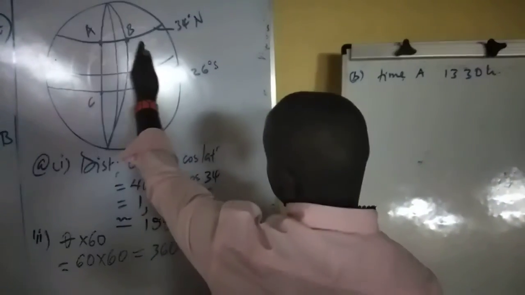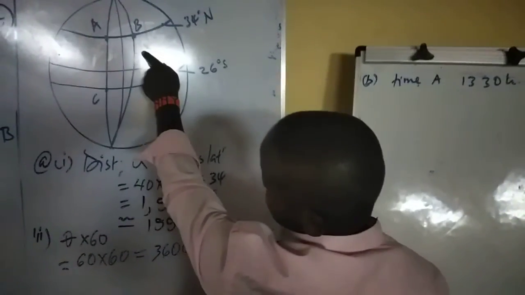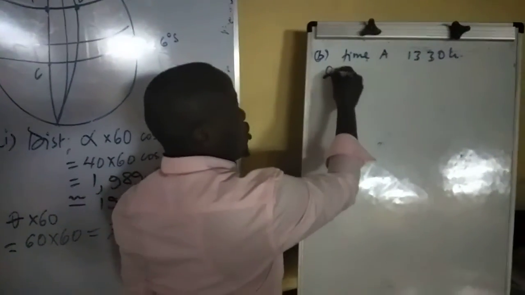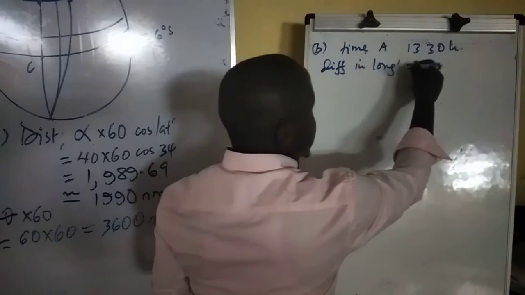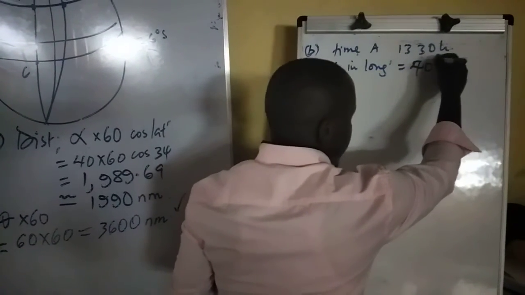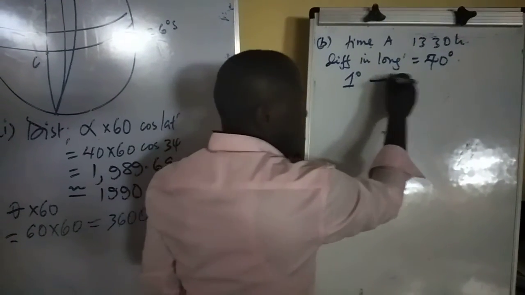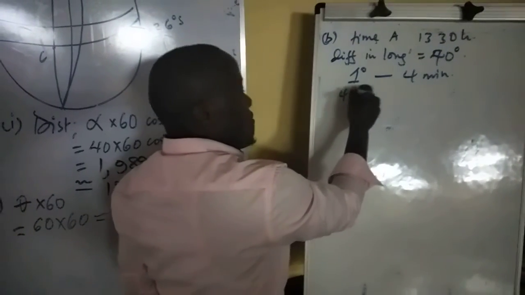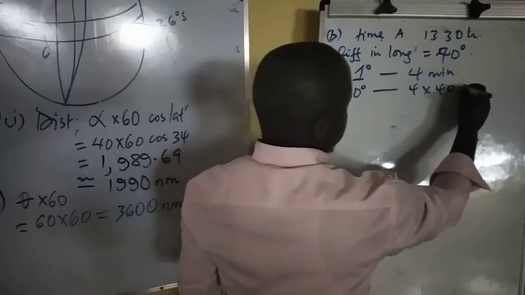From A to B, the difference in longitude from 16 to 24 is 40 degrees. Now, because we know 1 degree is equal to 4 minutes, the difference in time for the 40 degrees will be 4 times 40.